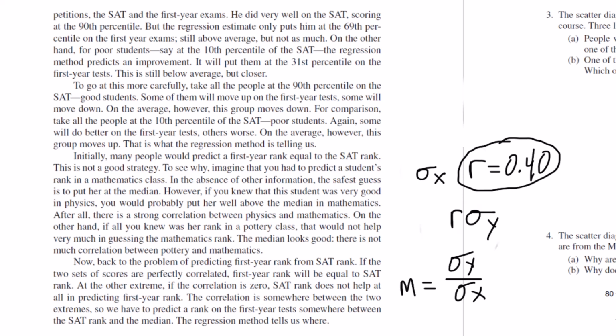Well, standard deviations are directly related to rank. As long as the distributions are the same type of distribution, whatever it may be, normally distributed or whatever, then if you're 1.5 standard deviations above the average, in either case, you have the same percentile rank. Again, assuming the distributions are the same type.